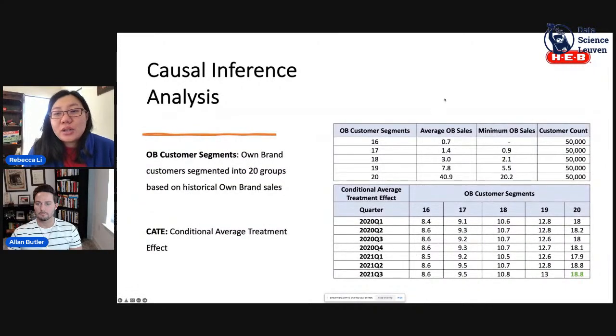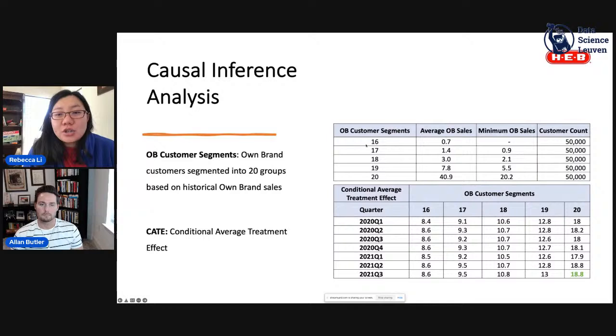After looking at the treatment effect at the individual level, we would like to look deeper to see each subgroup's treatment effect. Based on the historical sales on on-brand products, we segment the customers into 20 groups here. You can see group 20 spends the most on on-brand products, and group 1 spends the least on on-brand products.